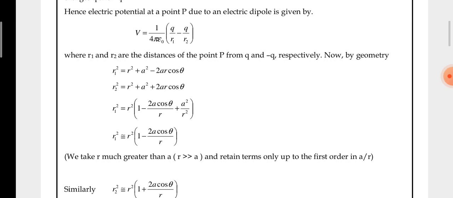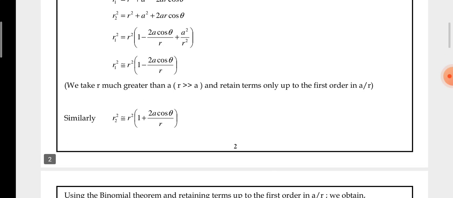After neglecting a squared, r1 squared is approximately r squared times the bracket 1 minus 2a cos theta by r. In a similar way, r2 squared is r squared into 1 plus; r1 has 1 minus, and r2 has 1 plus.